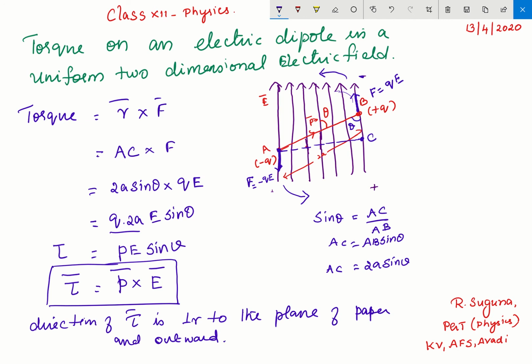Therefore, now we will see some special cases. Now you know what tau is. Tau is equal to PE sine theta.